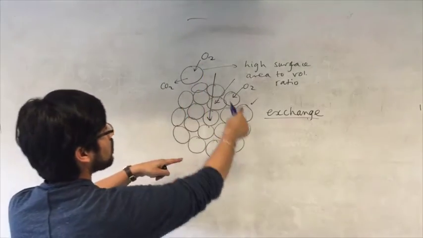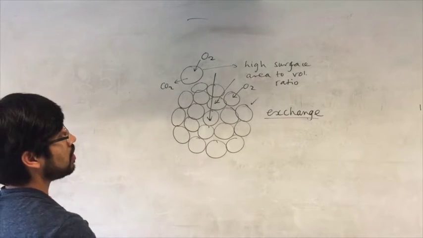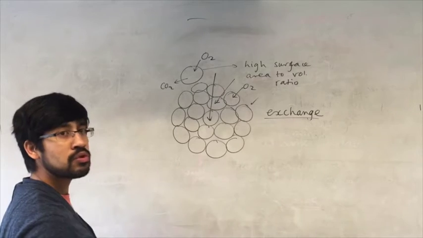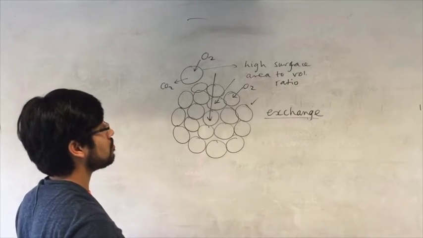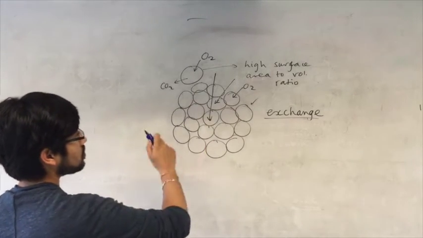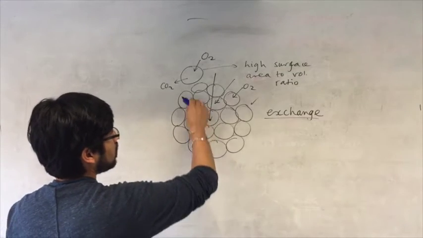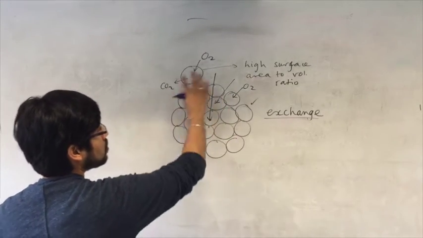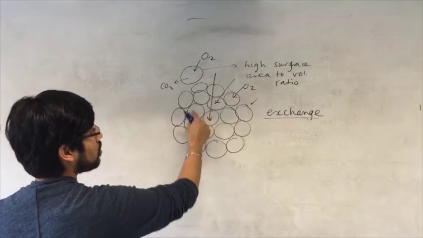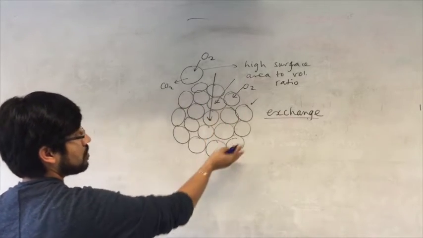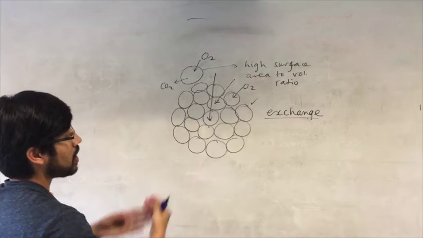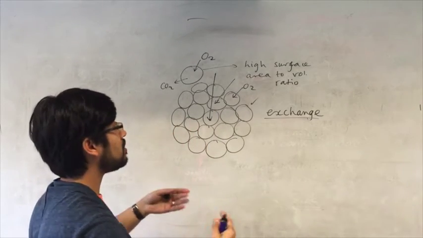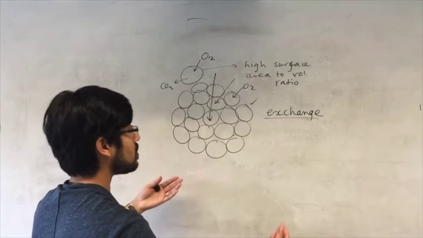But if we look at this organism, all of its cells are not effectively able to exchange materials, only the ones on the surface. Its surface area is low compared to its total volume, because there's a lot of stuff here that is not on the surface. If we think of it in three dimensions, the problem is exaggerated.